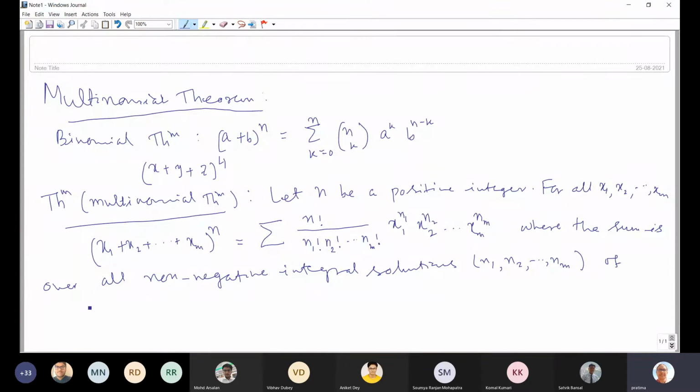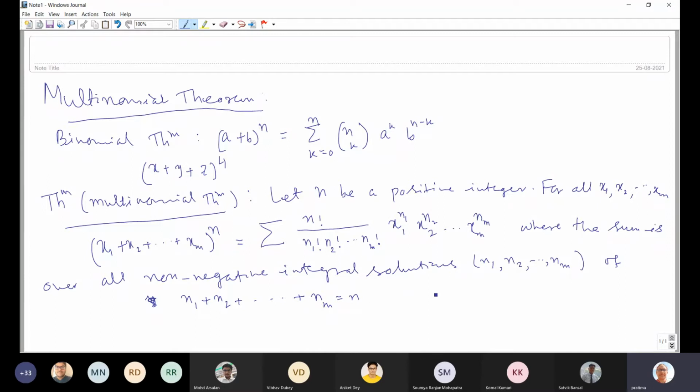That is, n1, n2 to nm satisfy the equation that the sum of n1, n2 up to nm is equal to n.